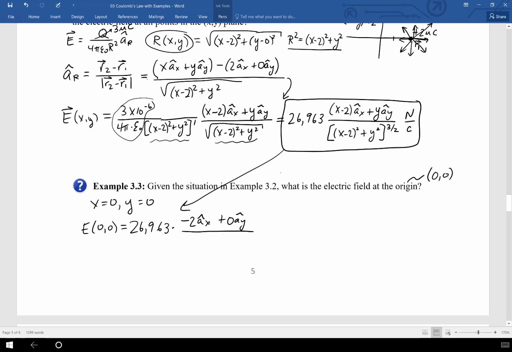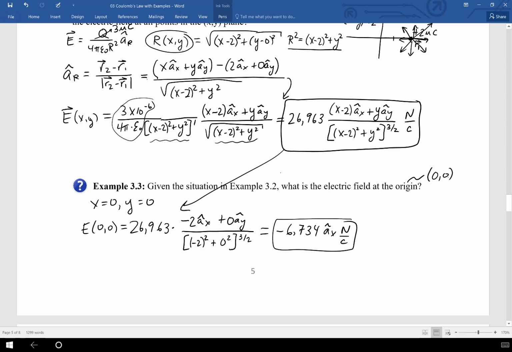And then that's going to be divided by x minus 2, which is minus 2 squared, plus y squared, which is 0 squared, all of this to the 3/2 power. And when I plug all of that into my calculator, I end up with negative 6,734 a sub x newtons per Coulomb.